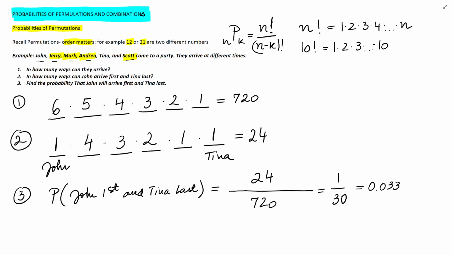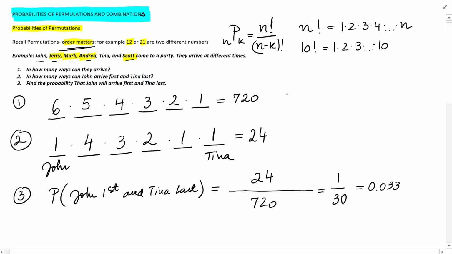While we didn't actually use the formula of the permutation, this is a situation where order matters, because John coming first to the party and Jerry coming second, or Jerry first and John second, are different situations.